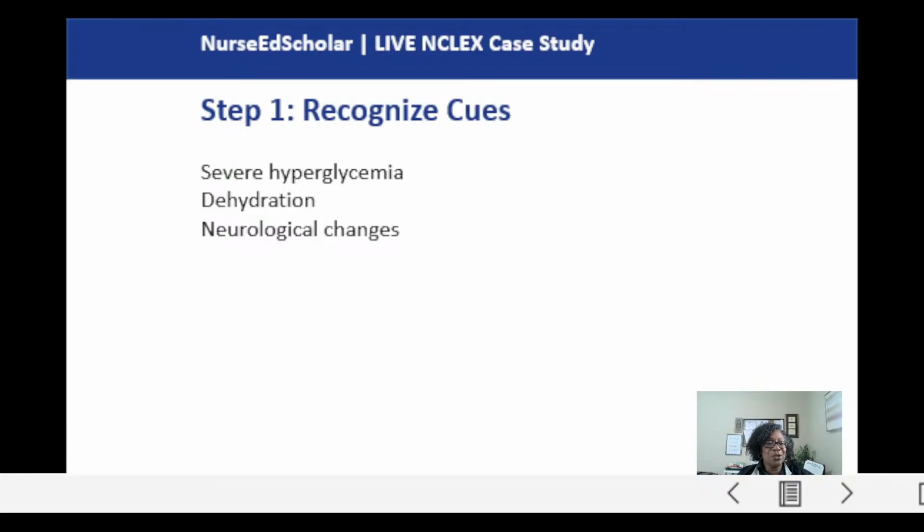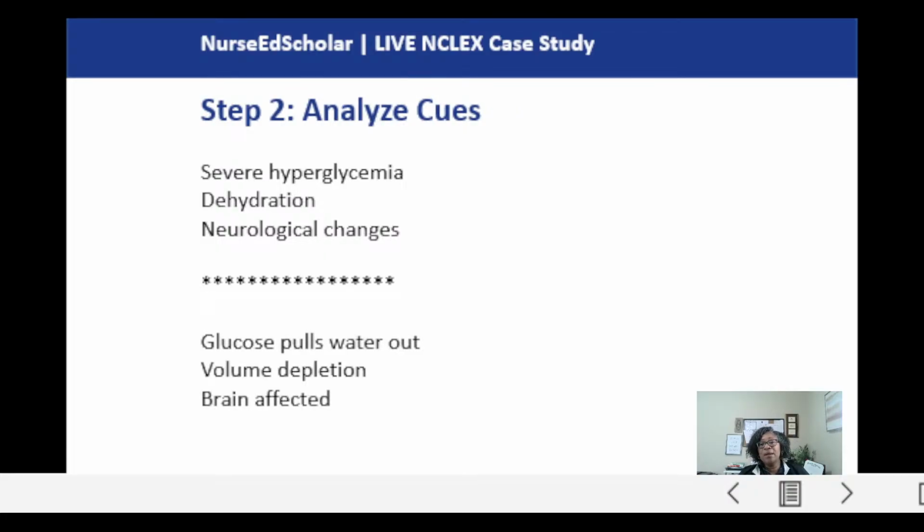You'll realize a lot of times I say the same thing over and over again, but that's just to reinforce what we're going through. So step two, we're analyzing the cues. What does this information that you're gathering really mean? Remember that this patient had severe hyperglycemia, 720, he's dehydrated, and he's having some neurological changes.